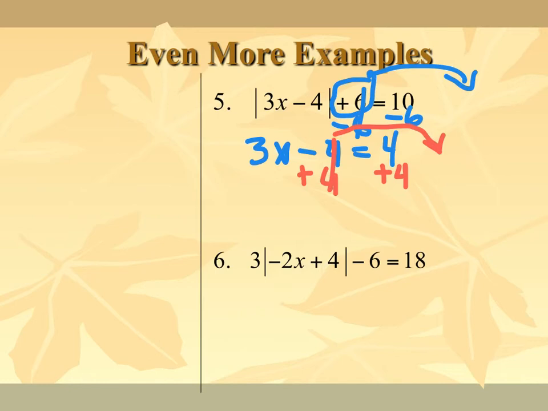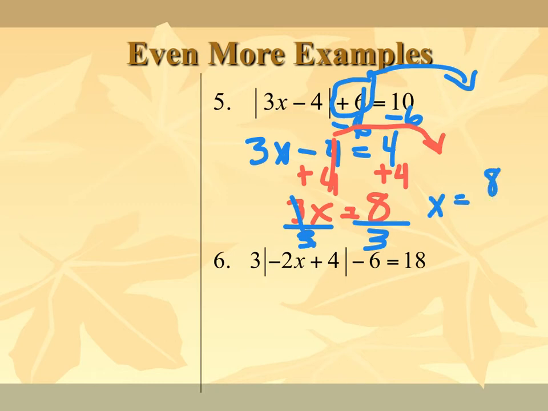So therefore, I am left with 3x equals 8. The final thing I need to do, divide both sides by 3. So x equals 8/3.